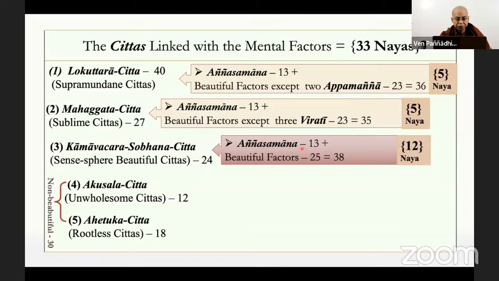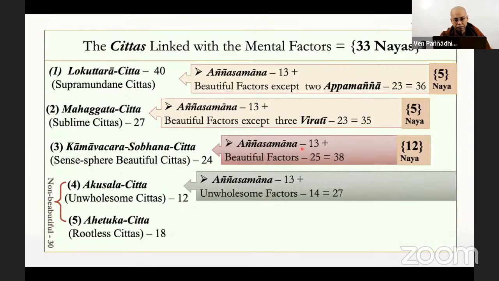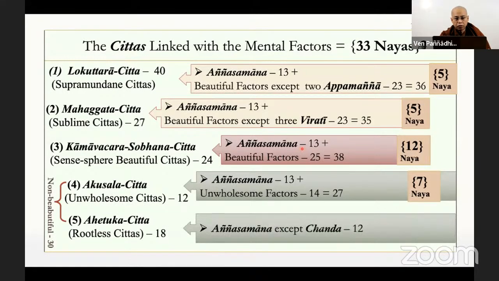In the previous lesson, I counted the 33 nayas as mentioned in the Abhidhammattha Sangaha. When we find out the mental factors for each consciousness, in order to make it easy to remember and memorize, we have already made the groups following the Abhidhammattha Sangaha.